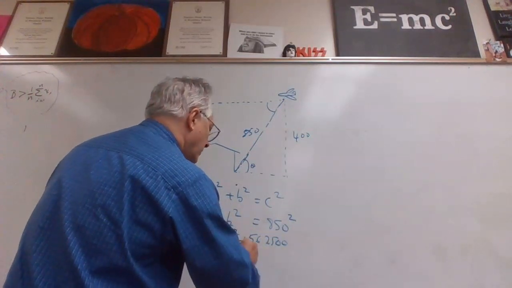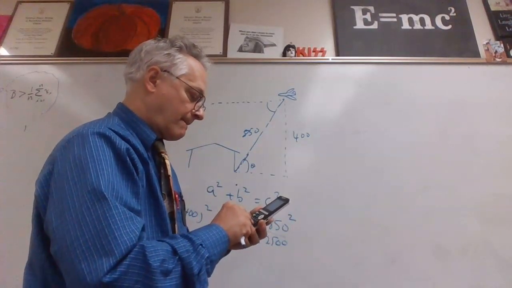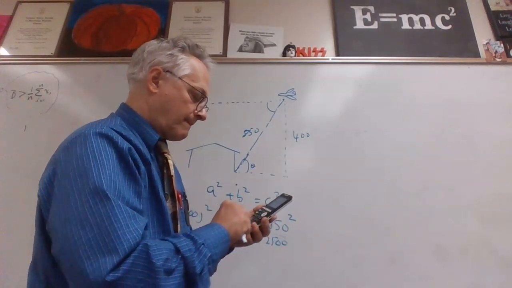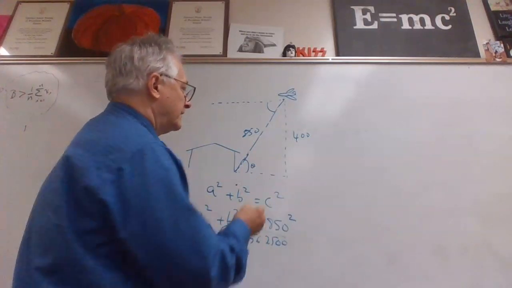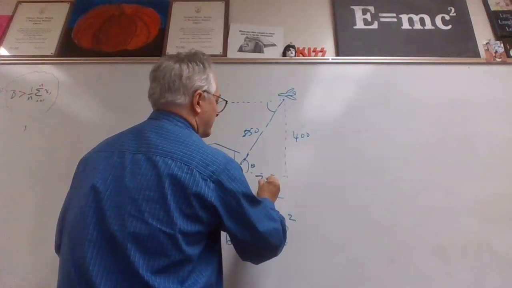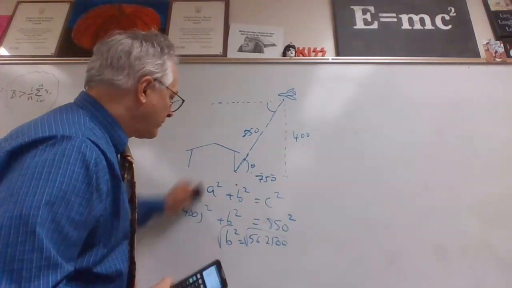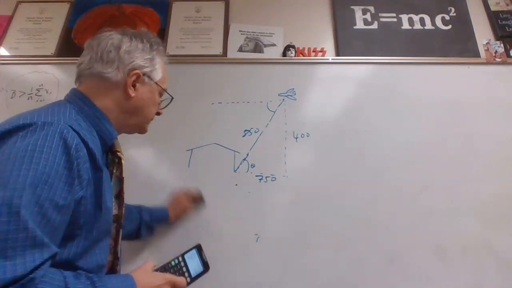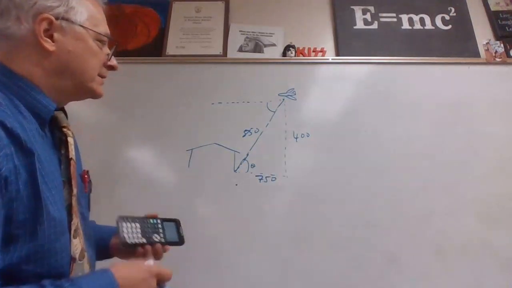So I want to square root both sides of that. And I get 750. So this side is 750. As I said, the drawing's not to scale. That's just the way it is.